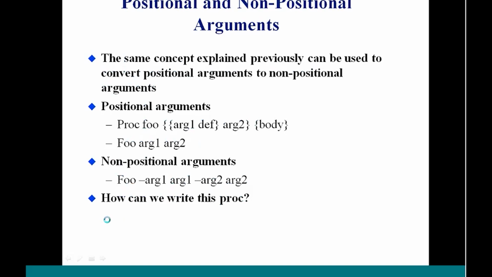Oftentimes in procedures you don't want positional arguments, you want non-positional arguments. What do I mean by that? A positional argument, for example, for this proc named foo, we have argument 1, argument 2, and it needs to be exactly specified when we call this procedure. If you miss it, then it won't be proper.